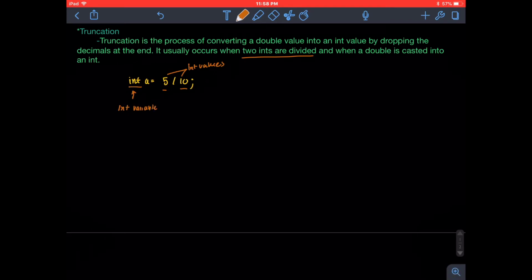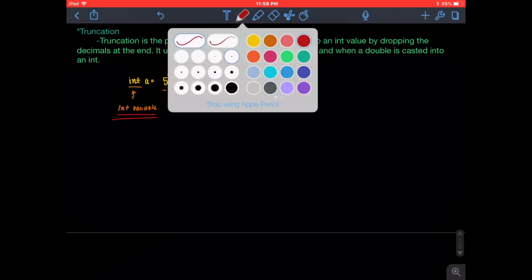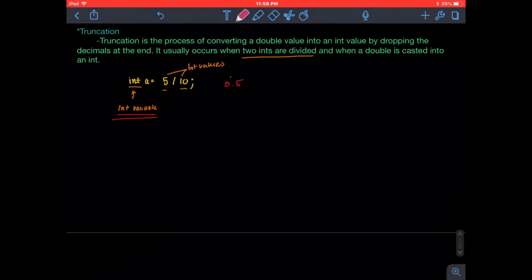So how will this all turn out? So let's say we have 5 divided by 10. If we do it regularly in math, it actually equals 0.5. However, it's stored in an int variable, and ints can only hold whole numbers. So we simply fix this issue by taking this decimal place and completely dropping it.